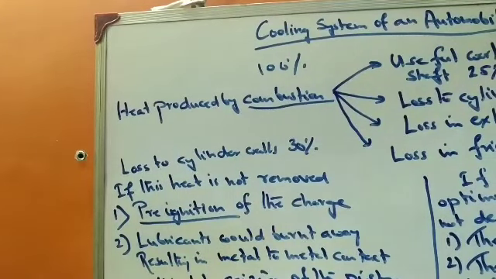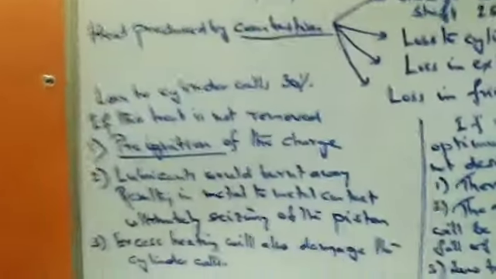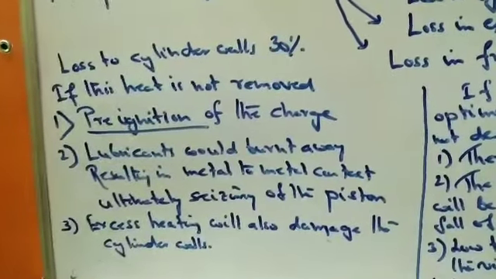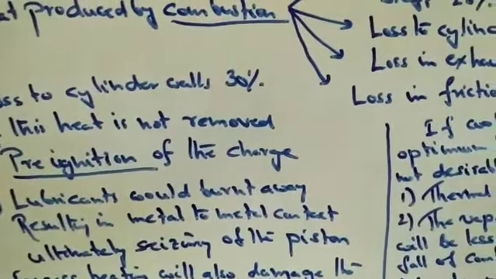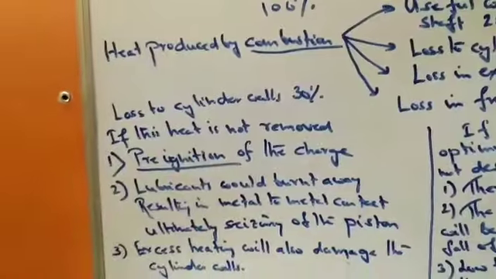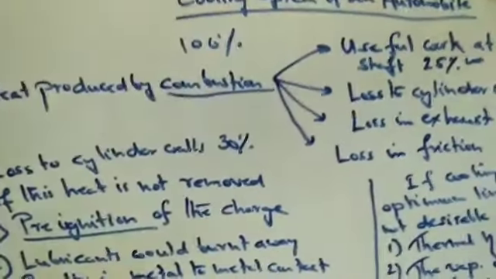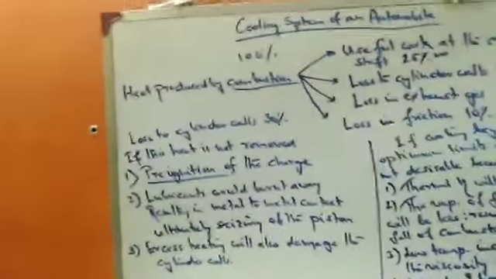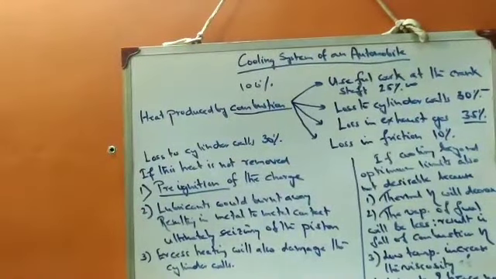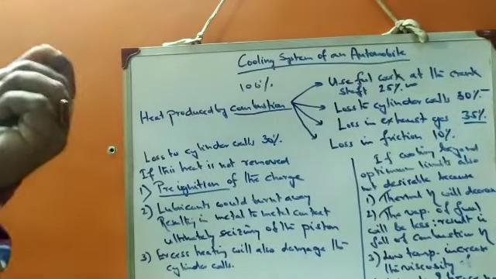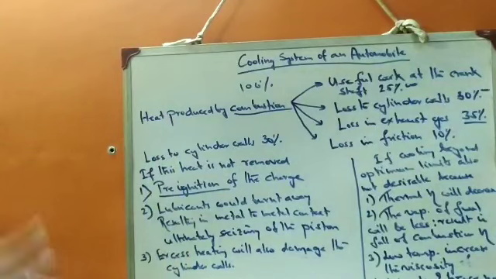Now, lubricants are another important problem. If the heat of the cylinder walls is not removed, the lubricants can burn away. Lubricants are used between the piston rings and the cylinder liner or cylinder walls.